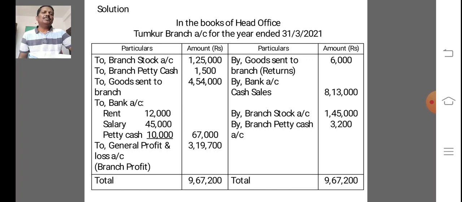And finally crediting the closing assets: by branch stock account, by branch petty cash account 1,45,000 and 3,200. The credit side total is 9,67,200. The difference 3,19,700 is the profit. That profit is transferred to general profit and loss account.